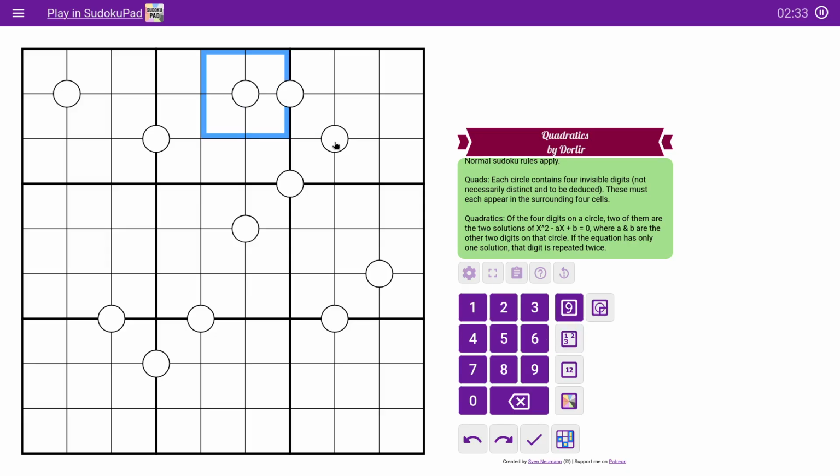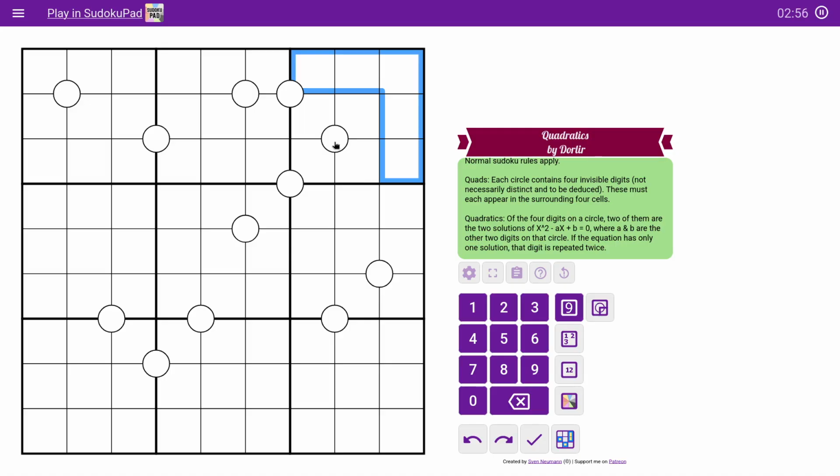If you have a quad that is interior to a box, it cannot have a 1 because you can't have repeated digits. Which in particular implies one of these is a 1, and one of these is a 1, one of these is a 1, one of these is a 1. I suspect that is important.